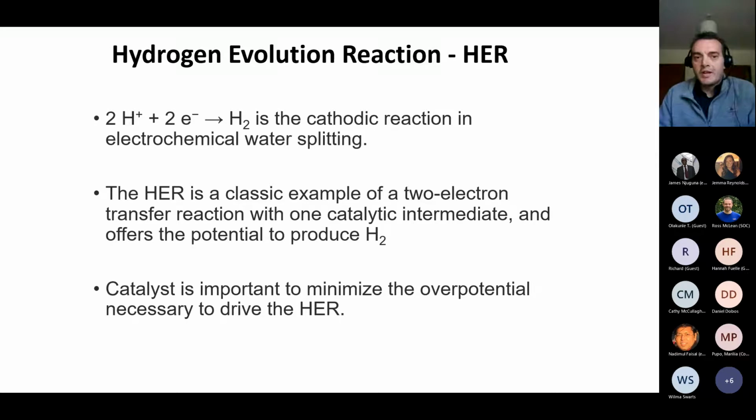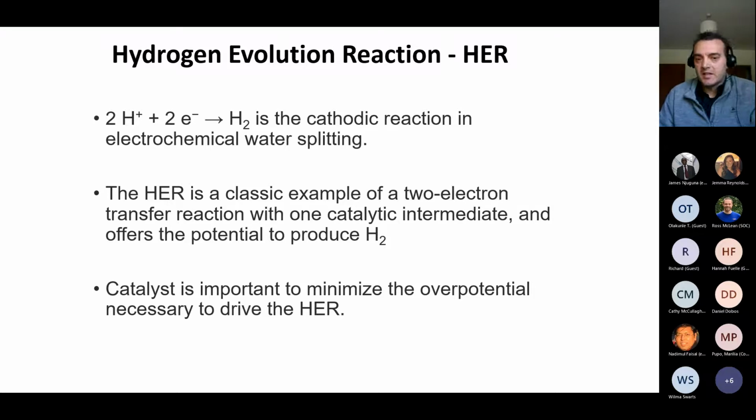In the hydrogen evolution reaction, we have two protons plus two electrons, and then the formation of hydrogen. So it's the cathodic reaction, which means the reduction, in the half cell of that electrolytic cell with water electrolysis.